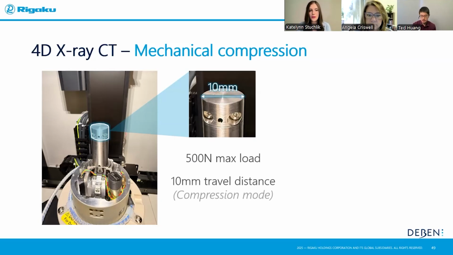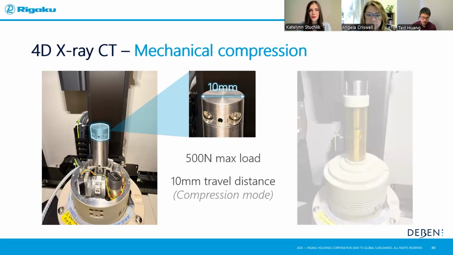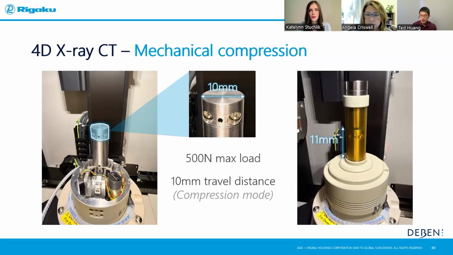In this case, for this jig in compression mode, I only have 10 millimeter travel distance. Meaning when the whole jaw is open wide, it's only open to 11 millimeter, and then it closes all the way down to only 1 millimeter. So if your sample is 12 millimeter, it wouldn't fit even if you open it all the way. If your sample is less than 1 millimeter, it wouldn't get compressed even if it goes all the way down.